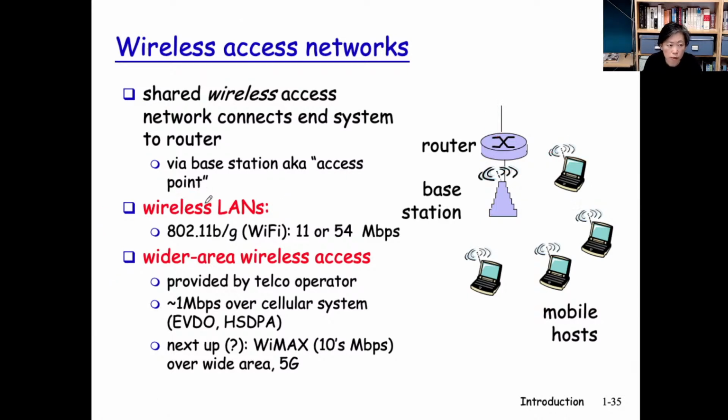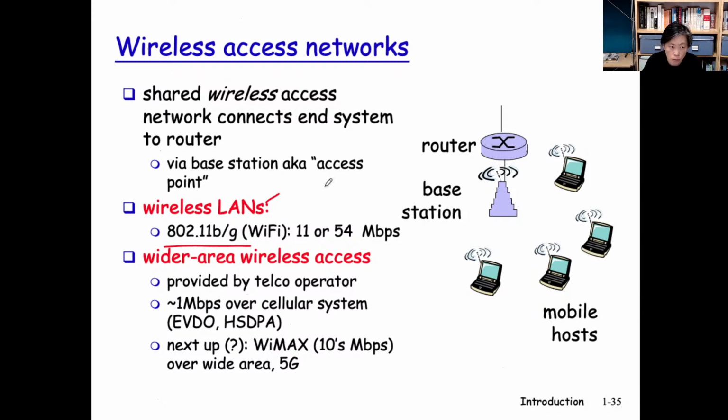Now a little bit more about Wi-Fi. 802.11b or g is actually a pretty old standard. I'm pretty sure that all of us are using 802.11 at least n, so that's Wi-Fi generation 4 in another way.